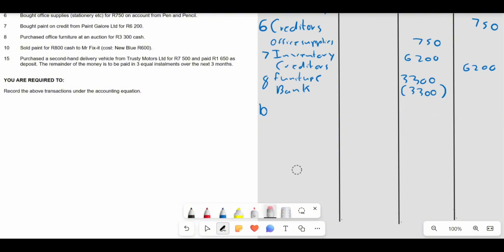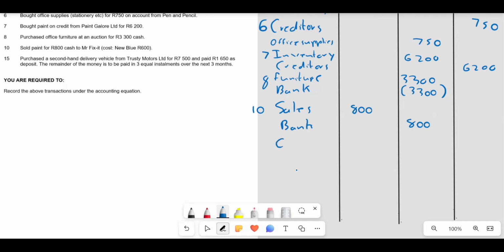So, okay, this is not a B, this is a 10. We sold paint of 800. So therefore, sales, we know for cash, bank is affected. Sales increases, our equity increases, our profit increases, our bank increases, which is an asset.